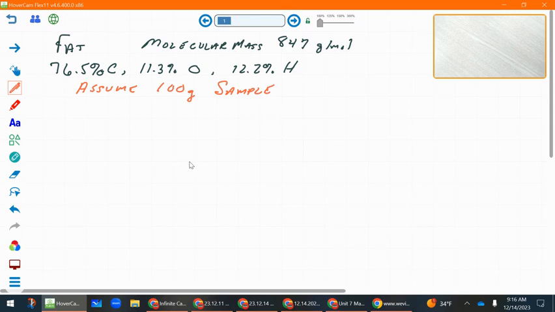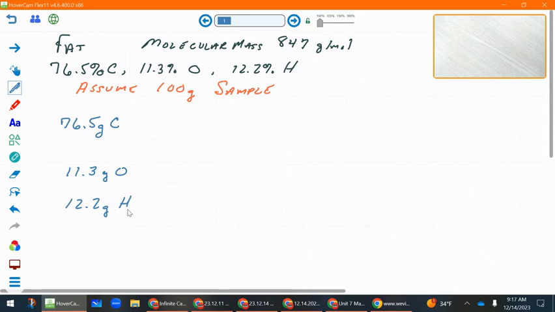The easiest sample size to assume is 100 grams because it takes this 76.5% and makes it into 76.5 grams of carbon. It takes the 11.3% oxygen and makes it into 11.3 grams of oxygen, and it takes the 12.2% of hydrogen and makes it into 12.2 grams of hydrogen.